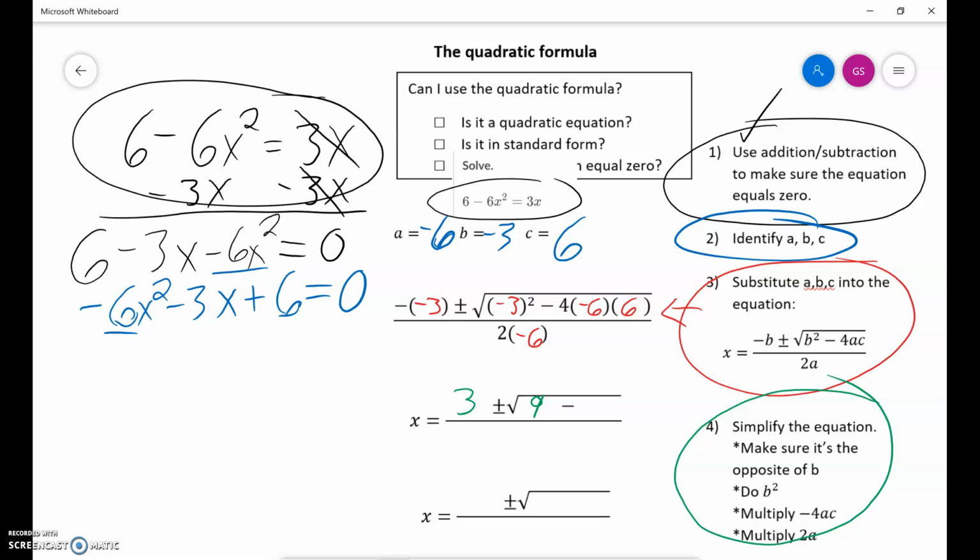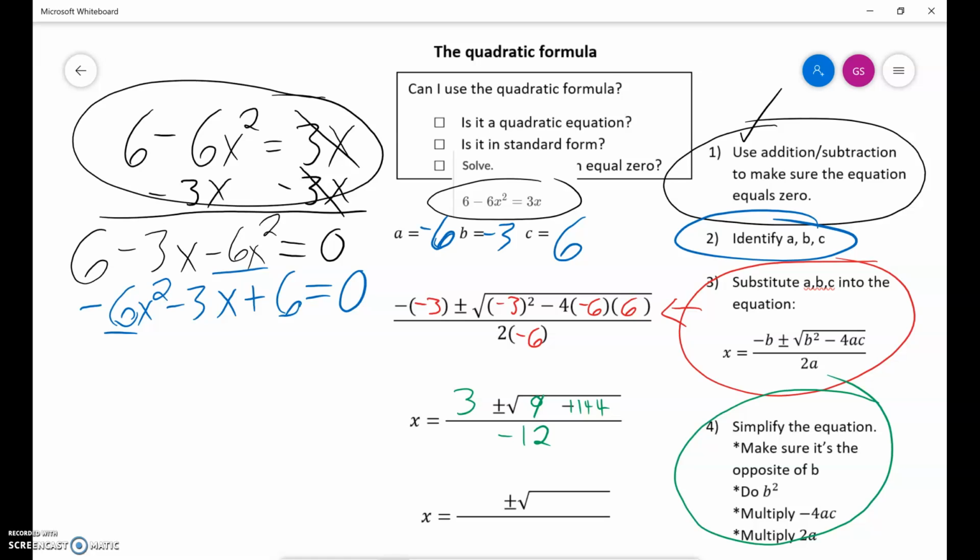Then times that by 6 more, I get positive 144. So it should be plus 144. And then 2a is 2 times negative 6. That's negative 12. Okay. So that part is done.